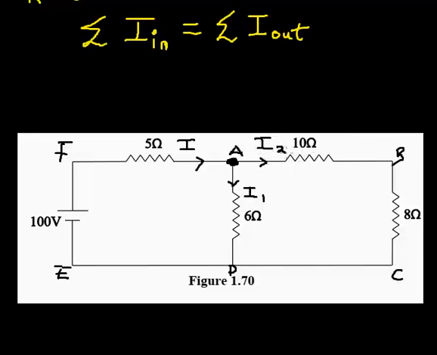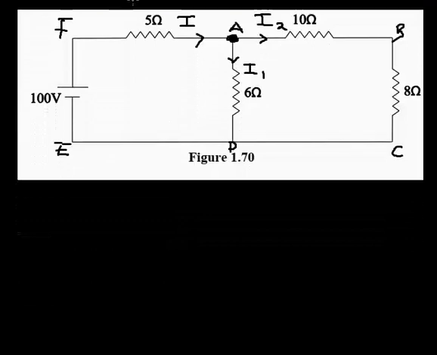According to Kirchhoff's law, the source current is entering node A, as you can see from the arrow, while I1 and I2 are leaving the node by their arrows. So I can simply say that I is equal to I1 plus I2.